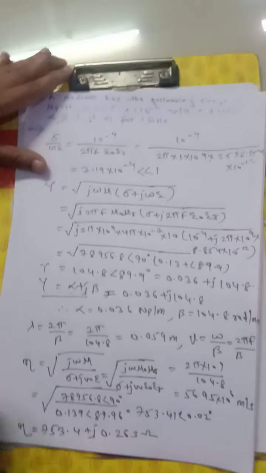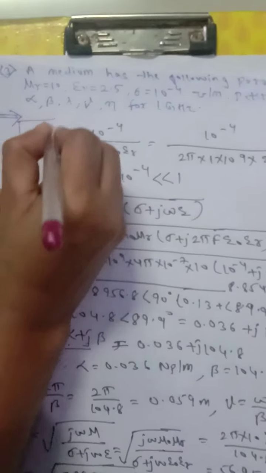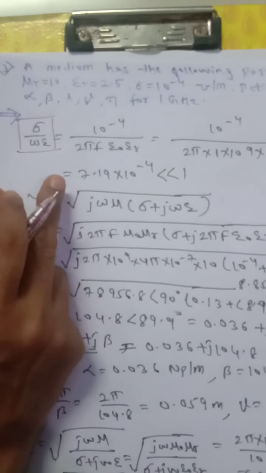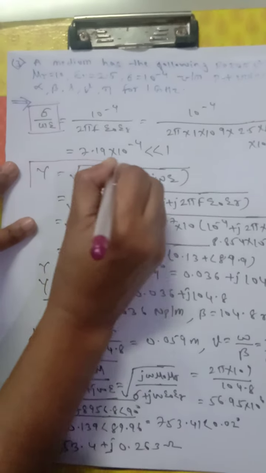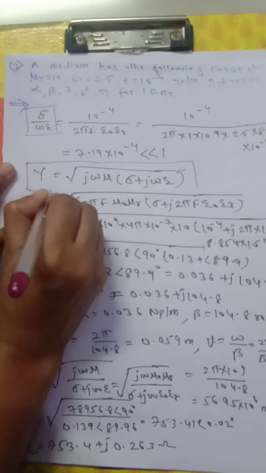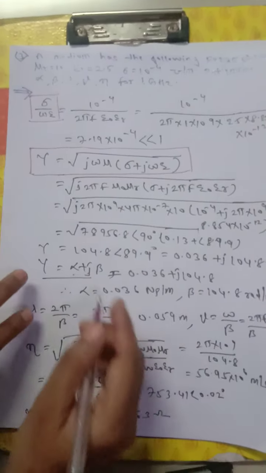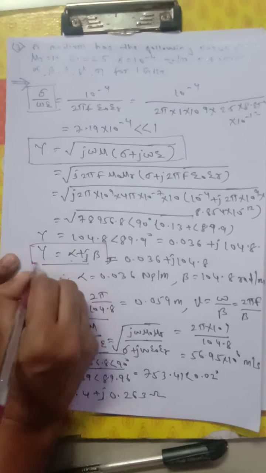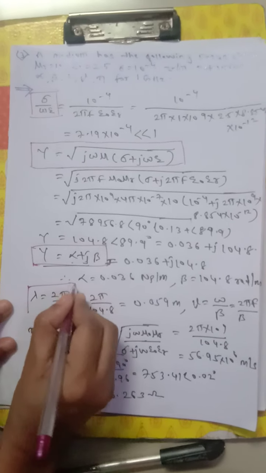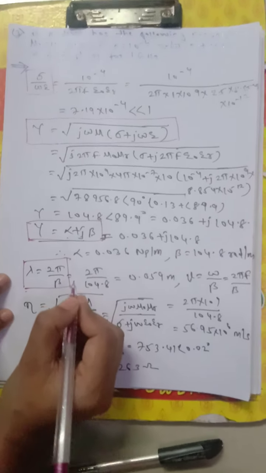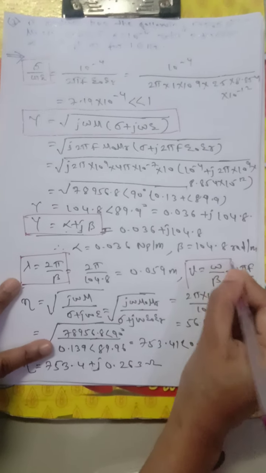So what have we done here? First, we found whether it is a good conductor or not with the help of this formula. Second, with the help of the propagation constant, we calculated the attenuation constant alpha and the phase constant beta. Third, we calculated the wavelength lambda, and next the velocity of propagation.